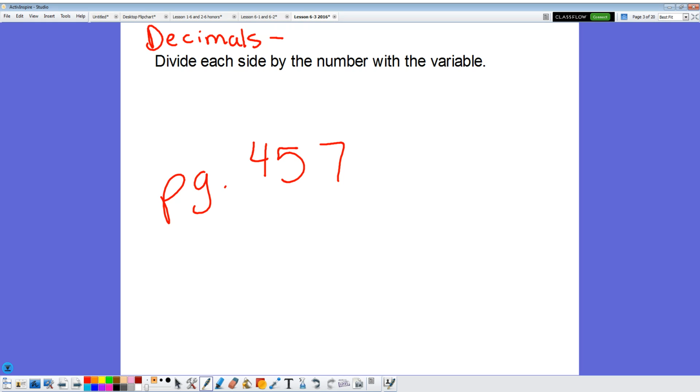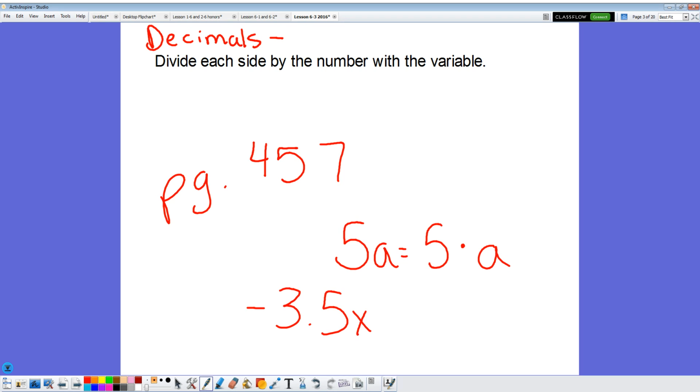So remember, when a number and a variable are together, say like 5a, that's really saying 5 times a. Even if it's a decimal, if you have negative 3.5x, that's the same as negative 3.5 times x.